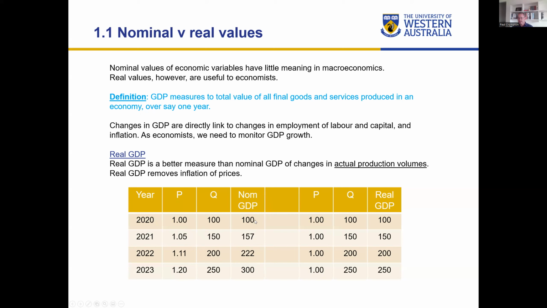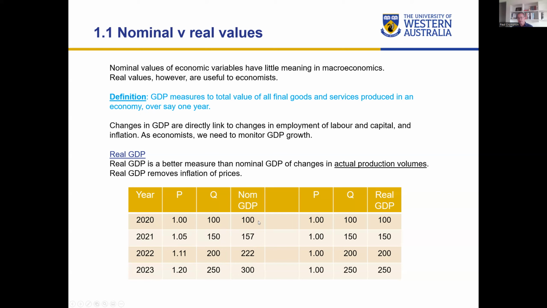So the reason that nominal GDP is increasing each year is not simply because output is higher, it's because we are allowing inflation to be incorporated into the nominal GDP figure. What we would really like is for the price level to be kept constant in calculating our measure of GDP and just allow the quantity to increase.